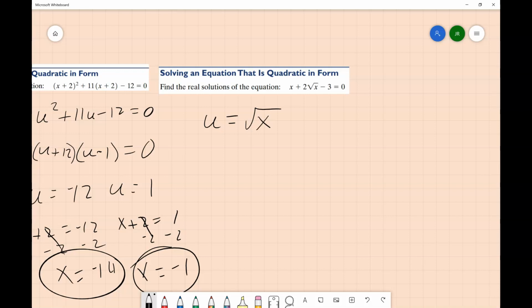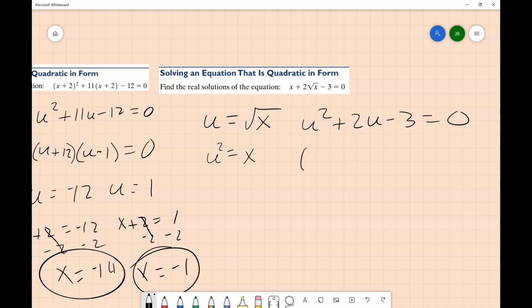Because if I let u be the square root of x, then if I square both sides, I get u squared equals x. So that makes this equation become, I can substitute u squared in for the x, and I can substitute u in for the square root of x, and it becomes u squared plus 2u minus 3.